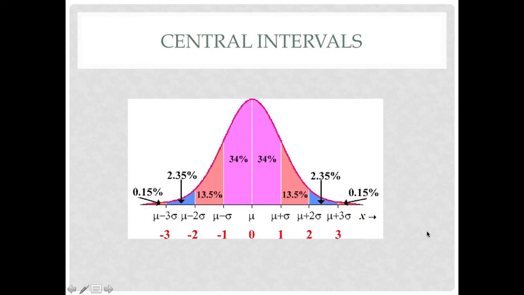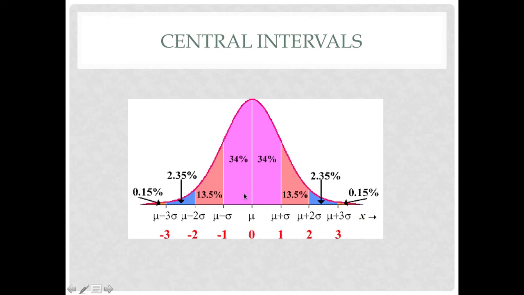There are something called central intervals when it comes to normal distribution, and these are really those cutoffs of 1, 2, 3 standard deviations away from the mean. And they have overall percentages. So if you know for sure you're exactly 1 standard deviation or 2 standard deviations or 3 standard deviations around the mean, then you'll be able to calculate the percentage without having to use your calculator or any kind of table.